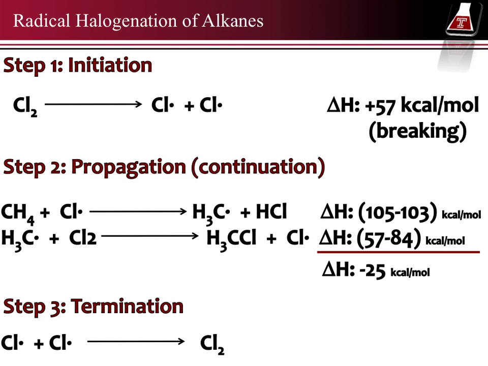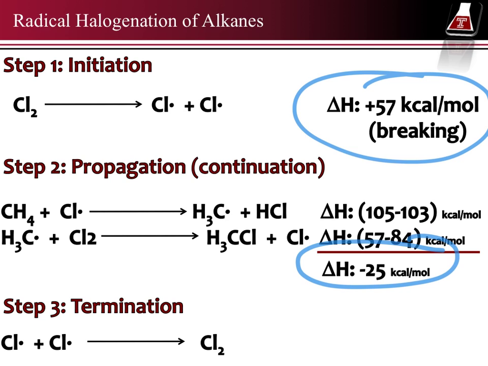Delta H is negative. All right, but if we look at the process to this point, we're still not getting our money's worth, so to speak. We're putting in way more energy than we are getting back because we've spent 57 up top, right here. We've spent 57 and we're only getting 25 out, okay?